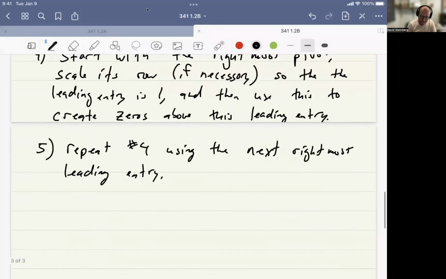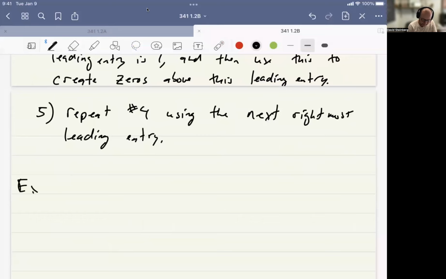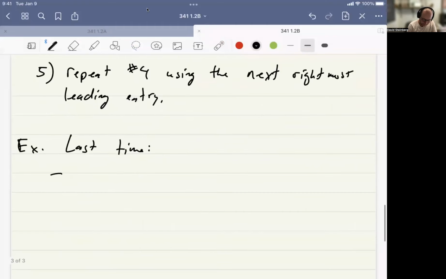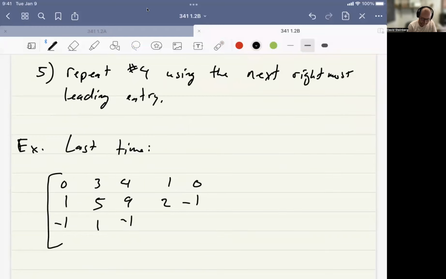Okay, so let's see an example of this in play. Last time we saw our matrix 0, 3, 4, 1, 0; 1, 5, 9, 2, -1; -1, 1, -1, 0, 1; and 1, 2, 5, -2, 1.